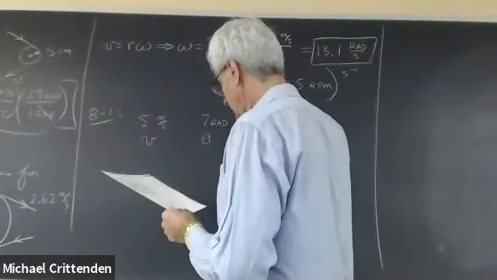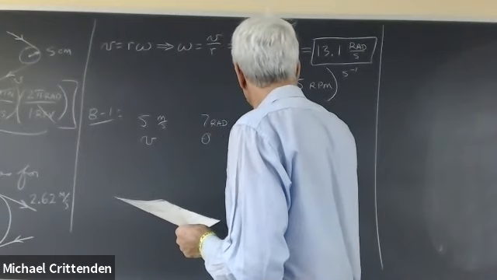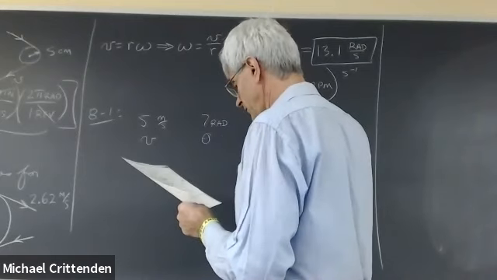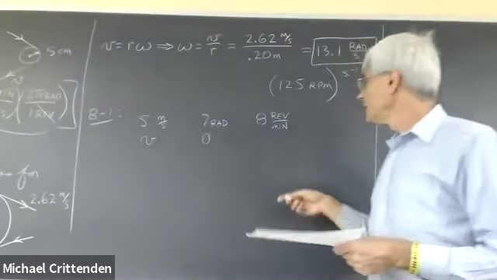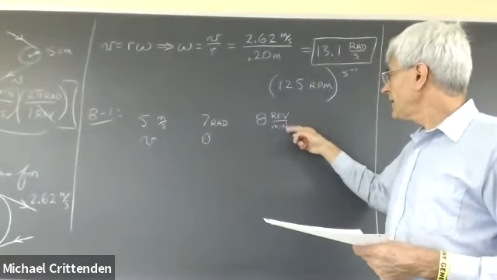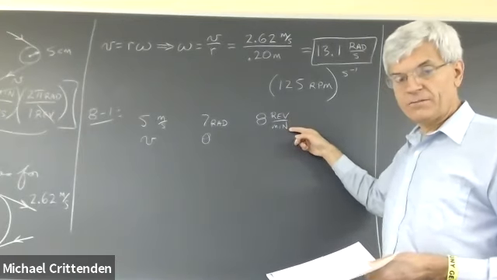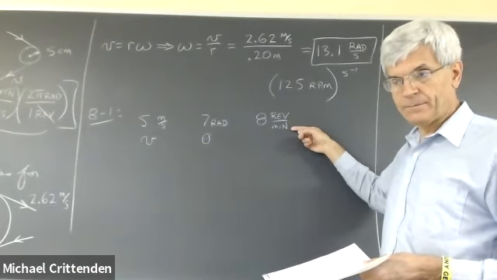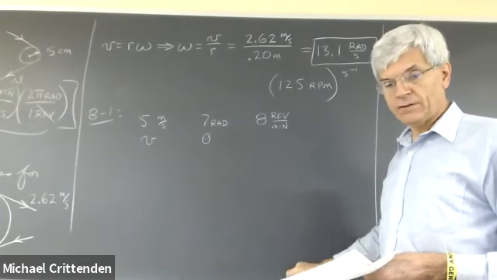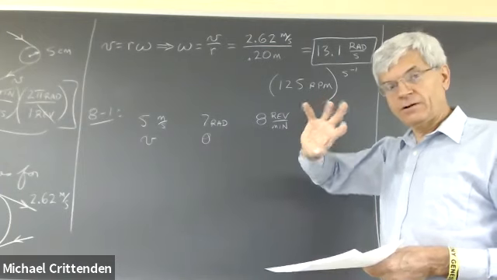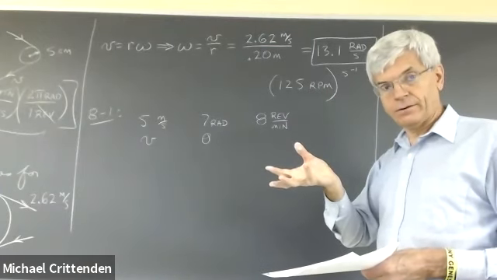Next one was 8 revolutions per minute. So that's some kind of velocity because it's divided by the time. It's an angular velocity because a revolution is a unit you can measure angles with, okay?